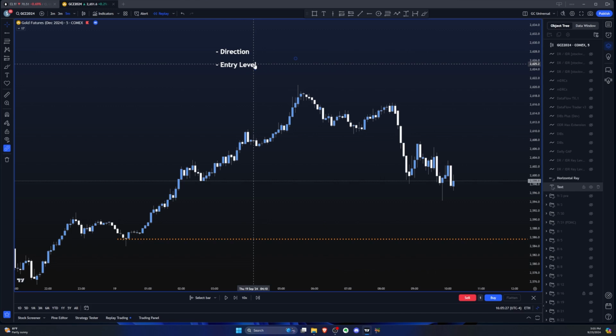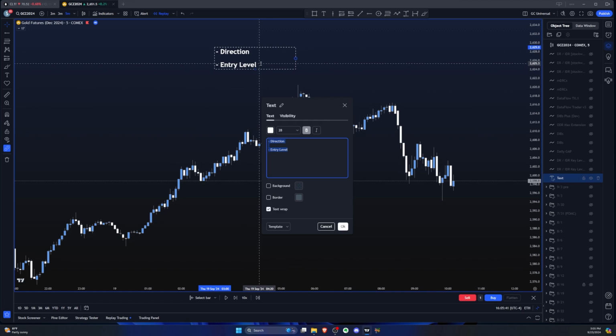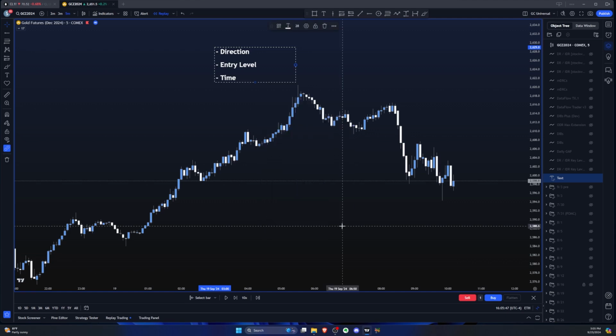This is where things start to get a little bit different when we're talking about data flow, because data flow goes beyond simply having directionality and levels to help us with our trade decisions. It also includes this feature that most people overlook: time. How many times have you executed a trade that is exactly the right direction and exactly the right entry level, but you were early?